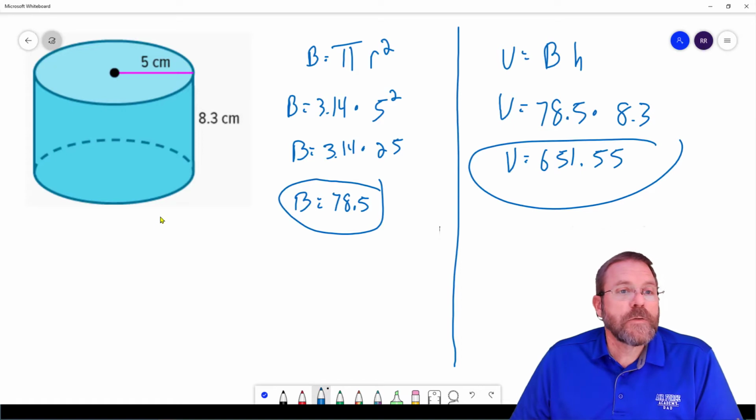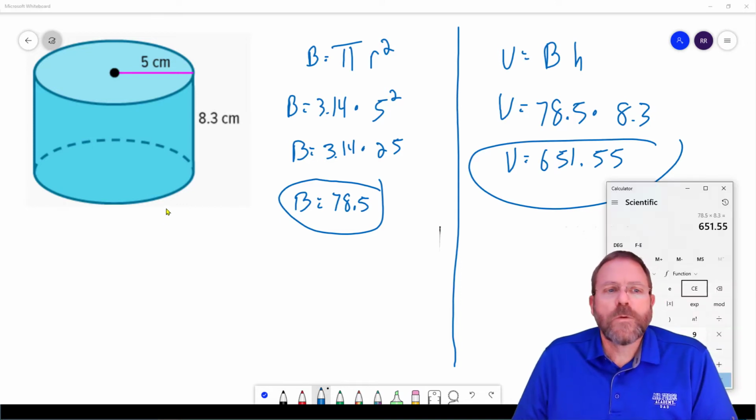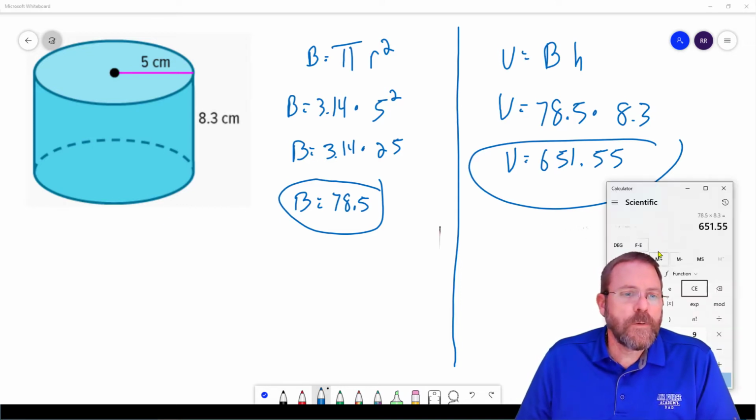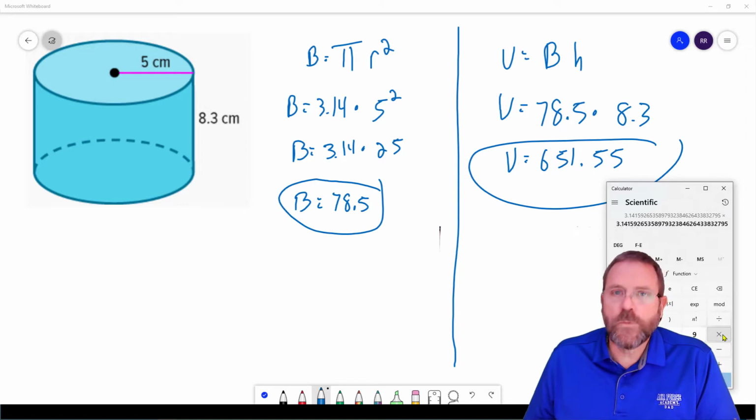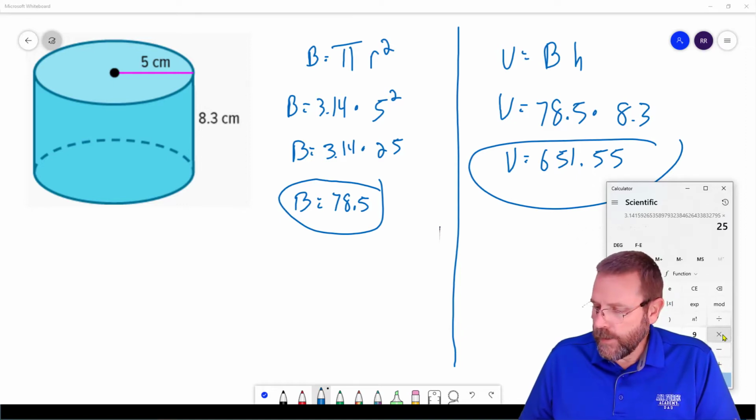I ended up getting 651.55. I wonder if the pi button makes a difference. Let's find out. On my calculator here, I'm going to grab the pi button, which is right here. I'm going to multiply that times the 25, which is the radius squared, and then multiply that times the 8.3.